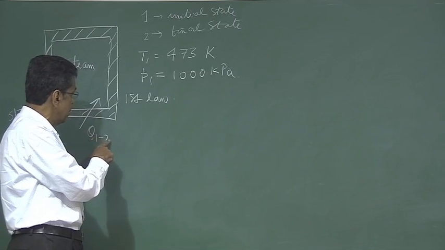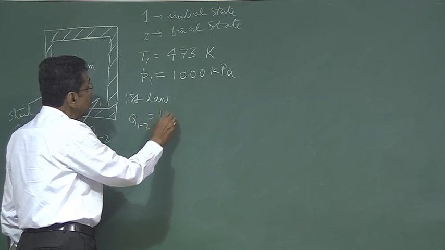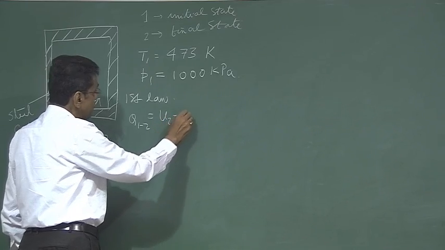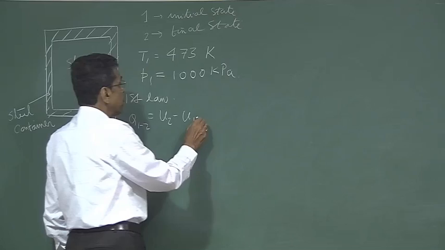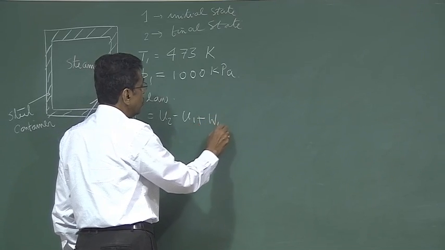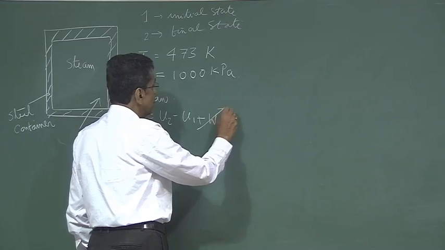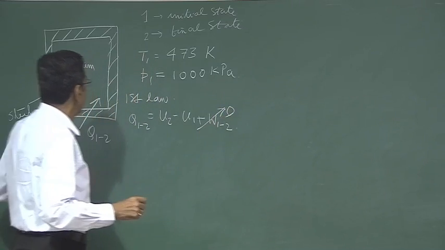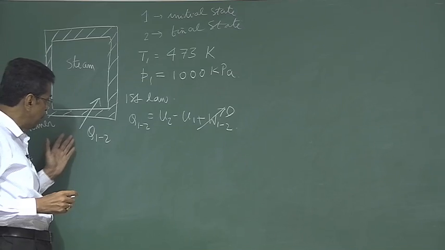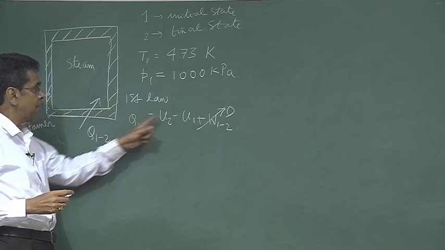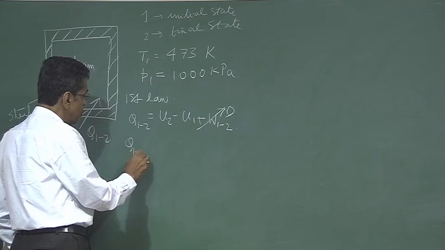In general, we do like this: Q12 is U2 minus U1, that is the change in the internal energy of the system, plus W12. But in this case, W12 is 0, because it is a rigid steel container and steam. Heat is transferred out, but we have taken it in so that we can write the general equation.